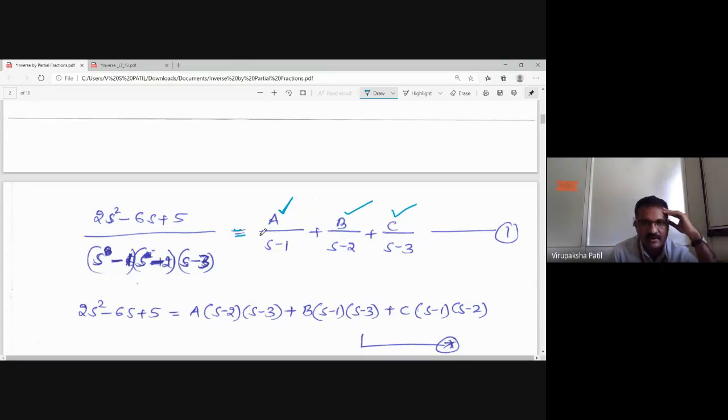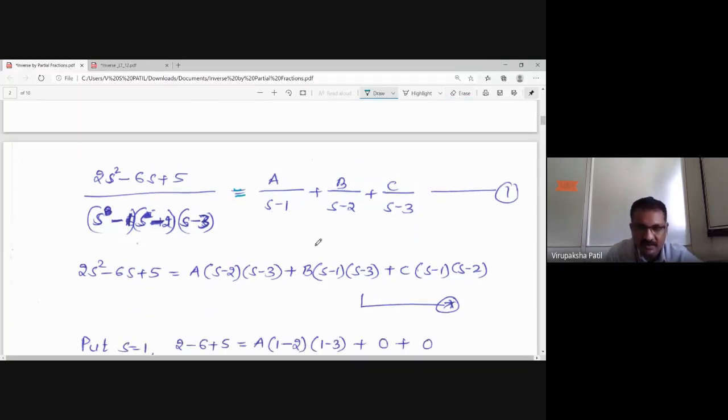First, we will take the LCM in this part. If you take the LCM, what will you get? The LCM will be s minus 1 into s minus 2 into s minus 3.